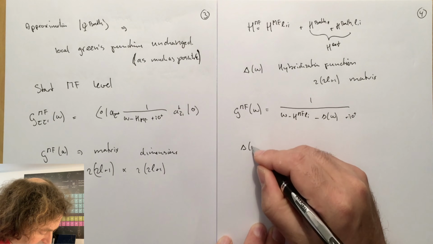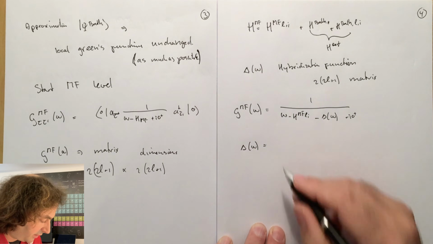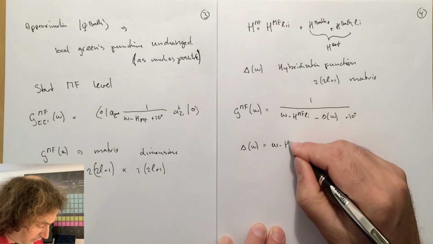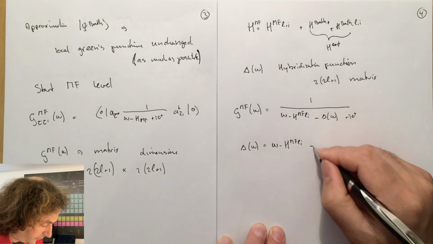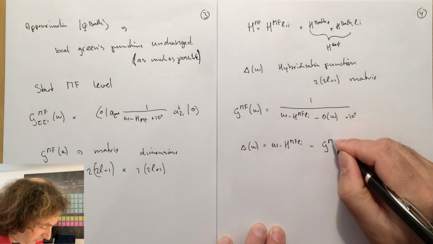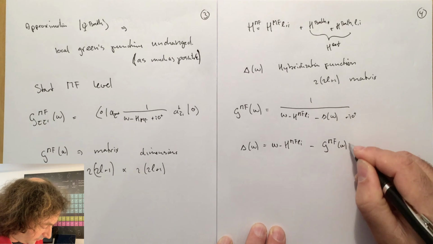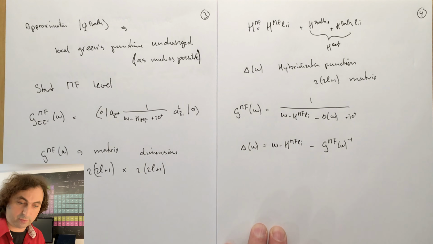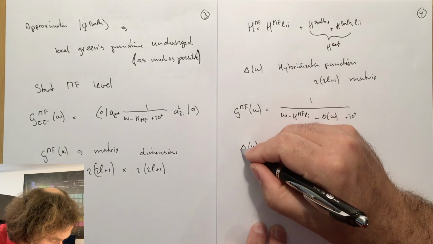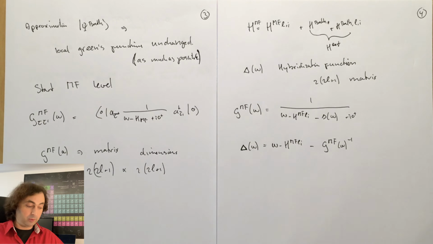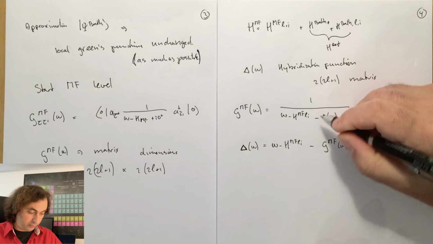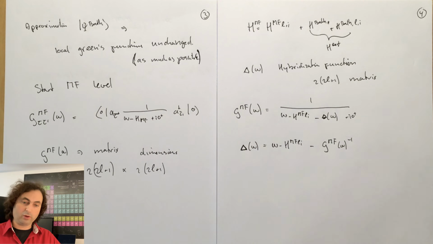Now we can of course solve this for our hybridization function, and our hybridization function is omega minus the mean field Hamiltonian acting on site i, minus the mean field Green's function inverted, and this is a matrix inversion. Now our hybridization function tells you what the influence of the bath is on your local states. So it tells you how locally your states interact with each other due to the effective hopping in and out of the bath.